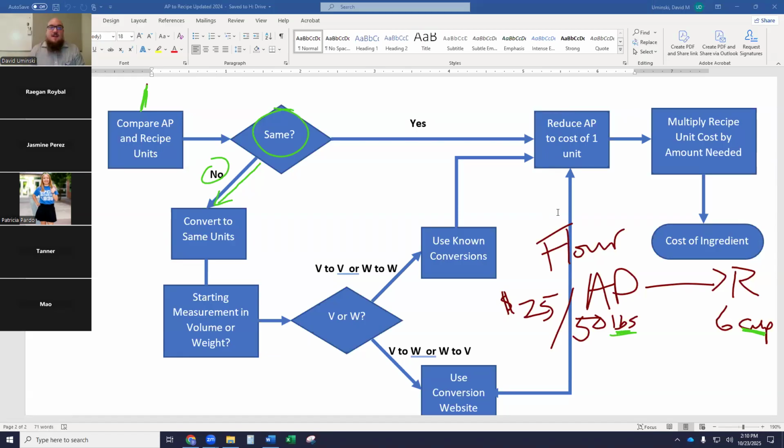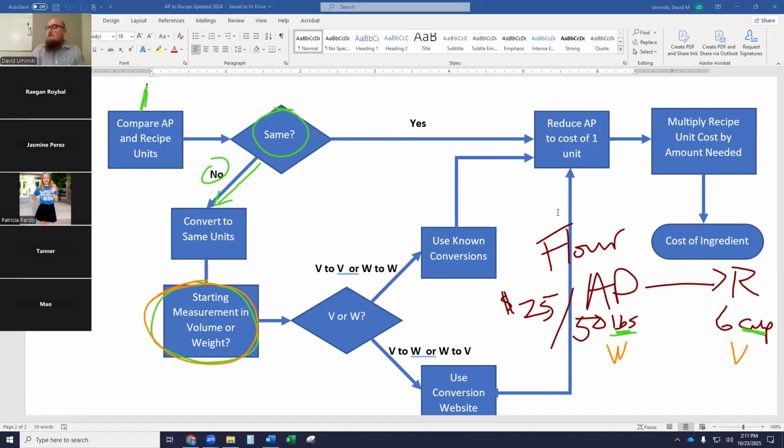We want to ask this question right here. Is our starting measurement in volume or weight? Obviously, our pounds is weight. Is cups volume or weight? Volume.